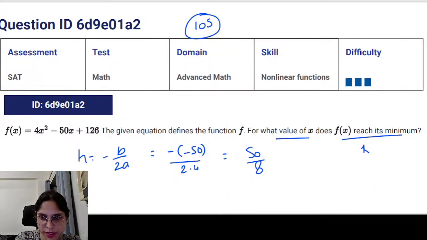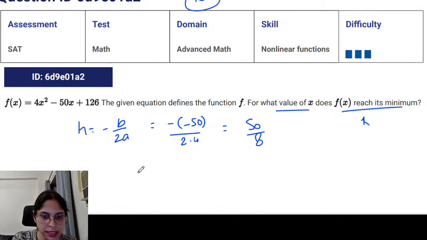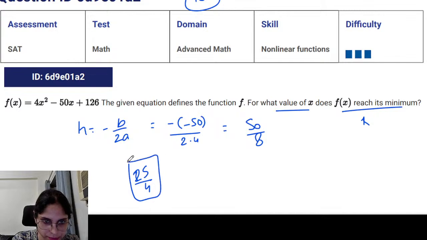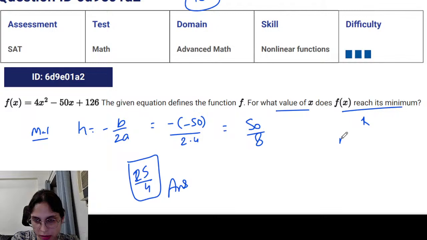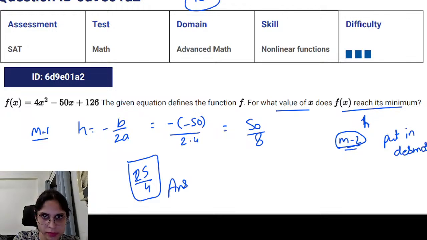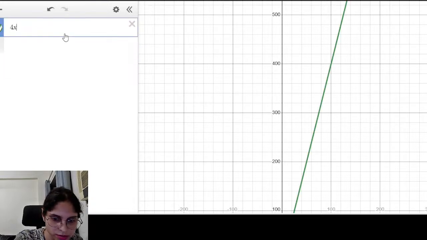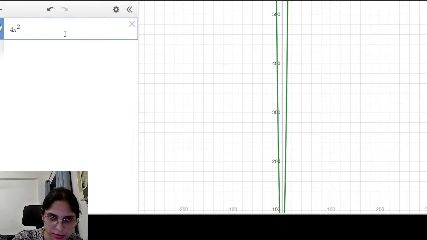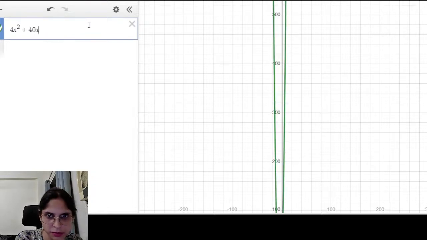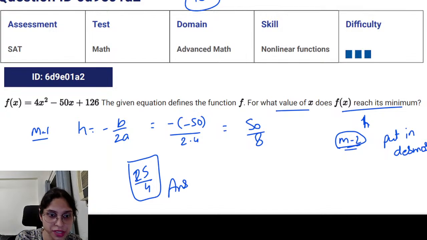For these kinds of problems where no options are given, I personally like to write answers in fraction form. Method 2 is you just put it in Desmos. So write 4x squared minus 50x plus 126.